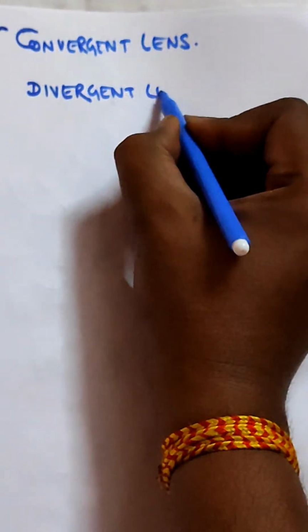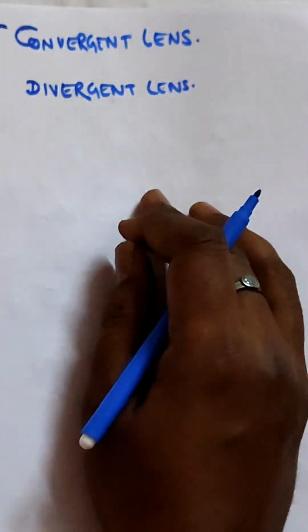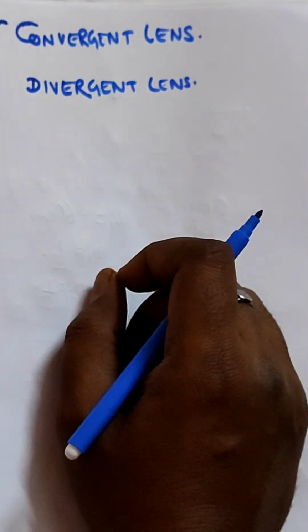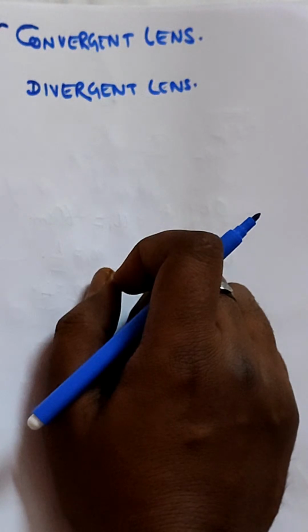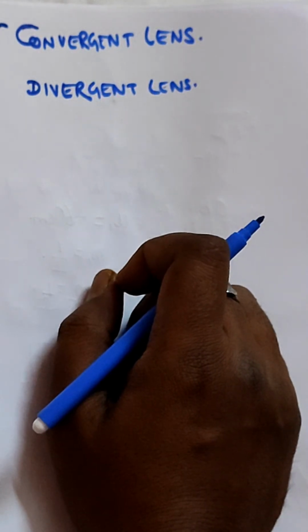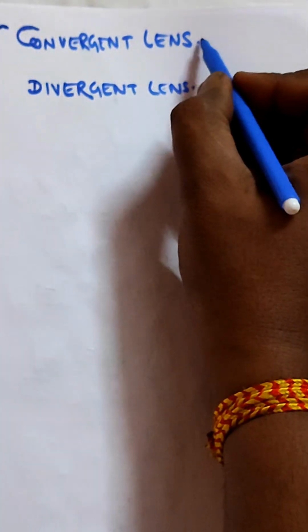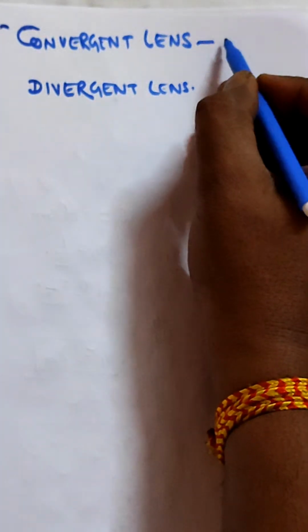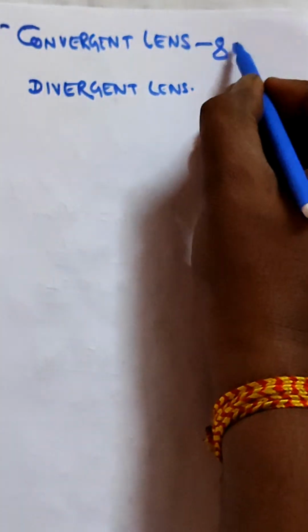Both are given to you, right? Now, what is the data given in the question? A convergent lens of power 8 diopter. So the power of this convergent lens is 8 diopter.